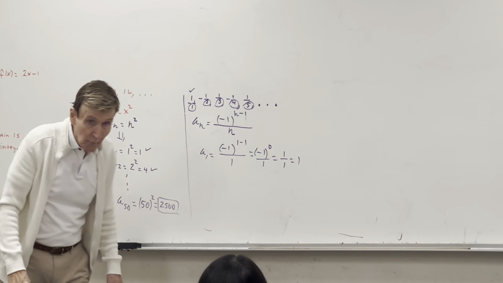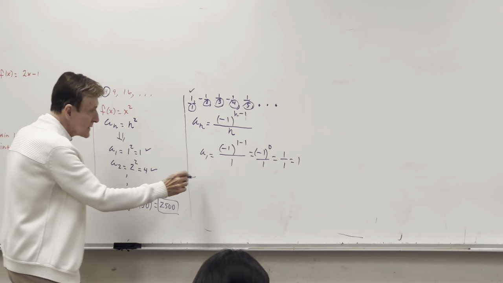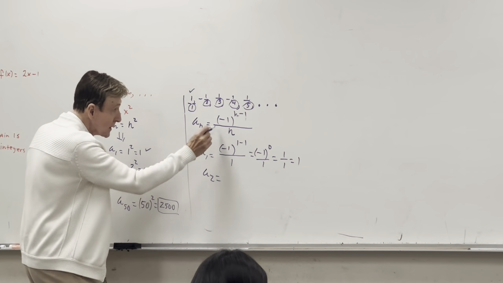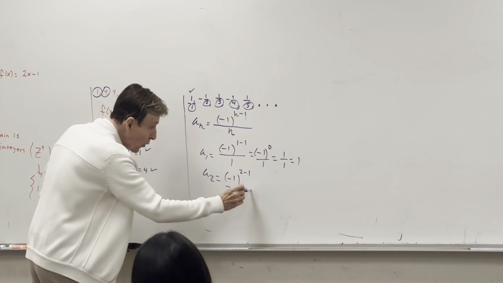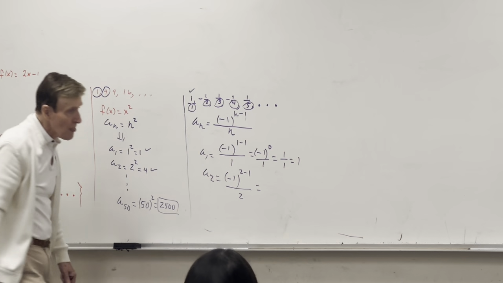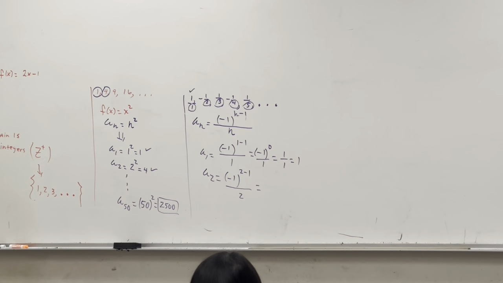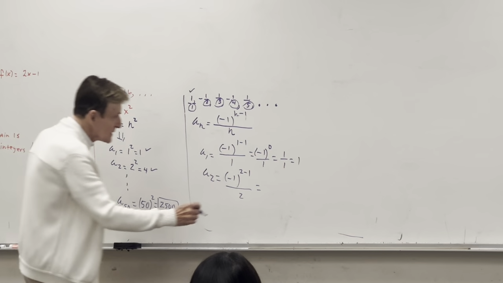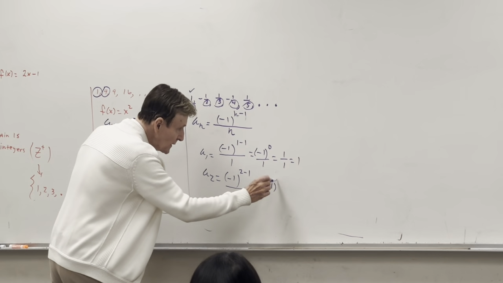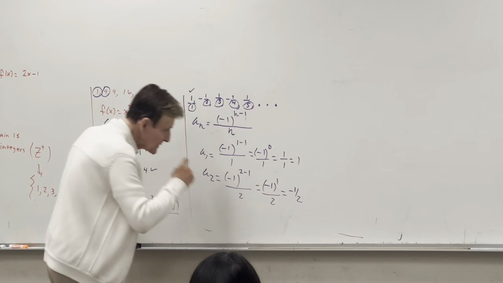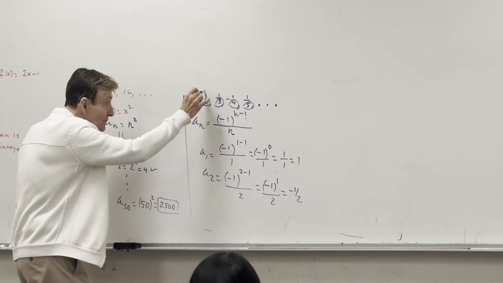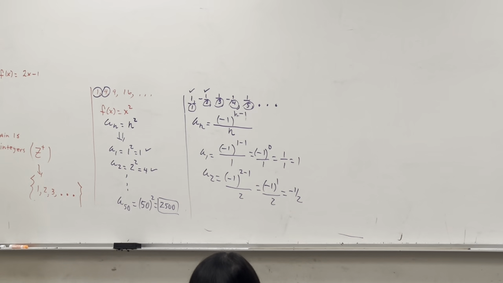Now, it had better work for the second term. A subscript 2, our formula, negative one raised to 2 minus 1 over 2. Don't want to mess up. This gives me negative one raised to 1 over 2. Is that negative 1/2 when you simplify it? Yes. Is that what I wanted? I'm going to test one more.